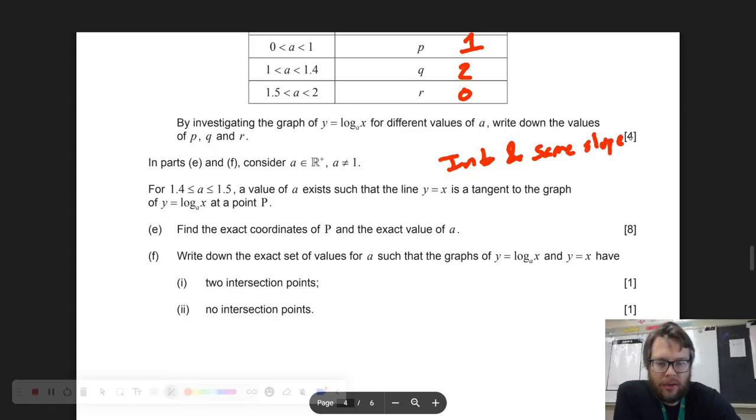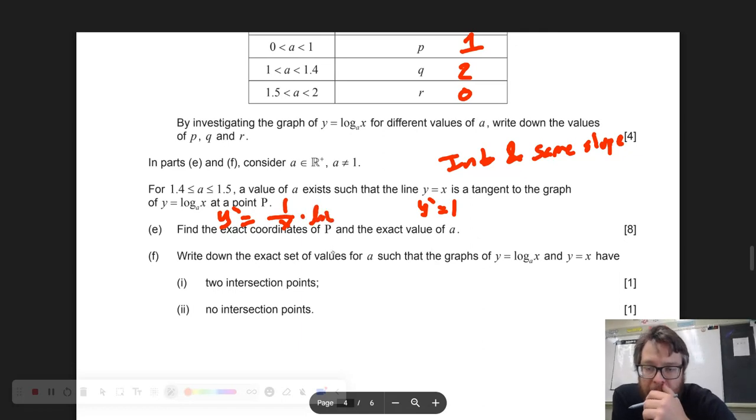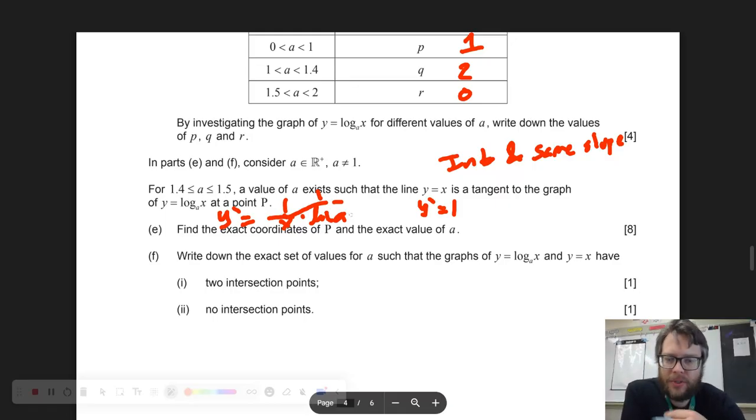So what we can do is take the derivative. The derivative of that line is 1, and the derivative of log base a of x is 1 over x times 1 over natural log of a, which is in your formula packet.